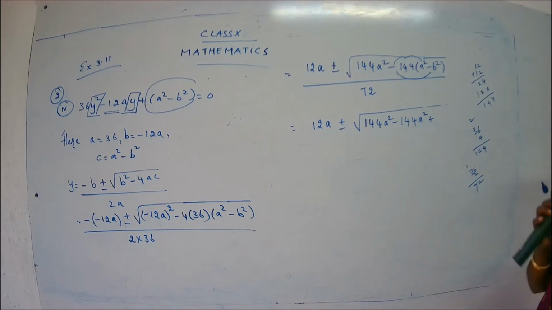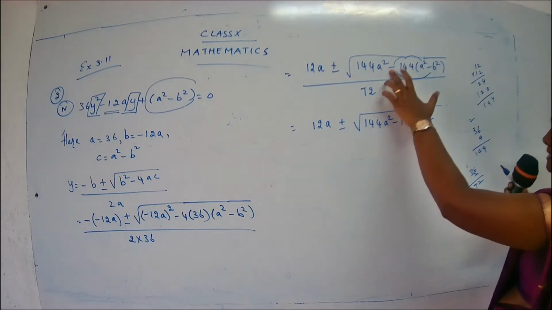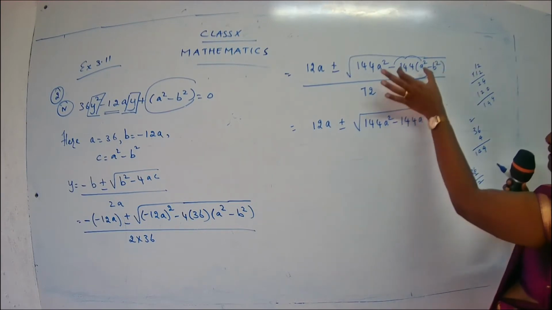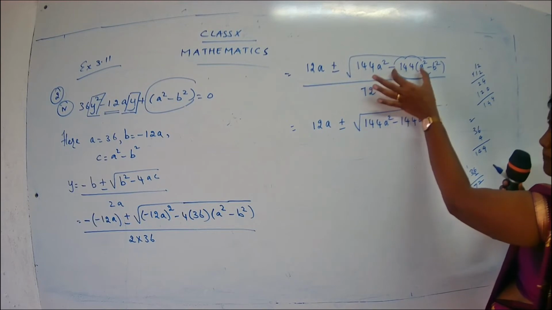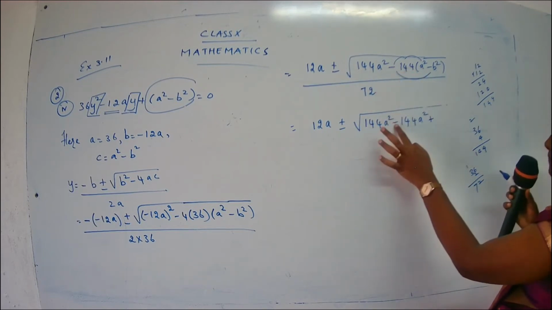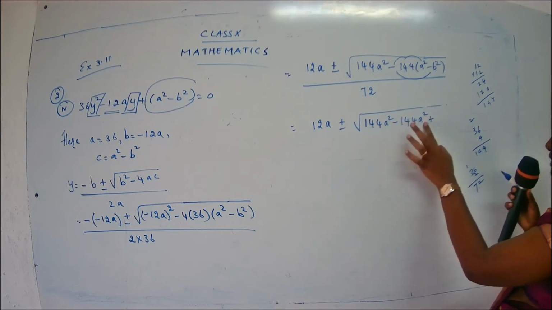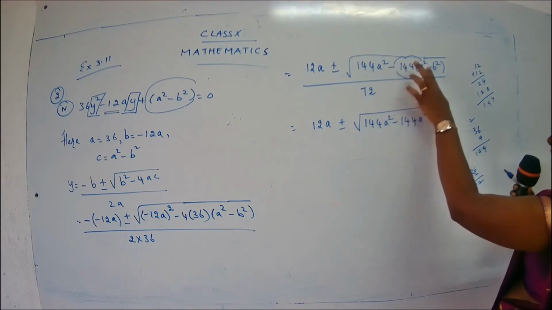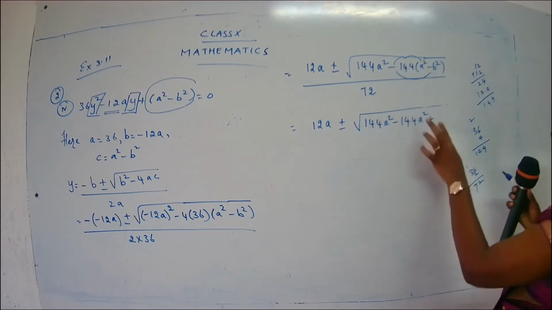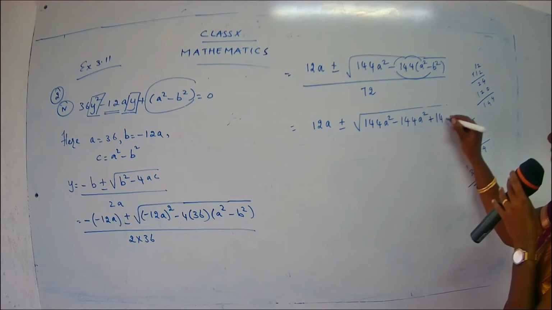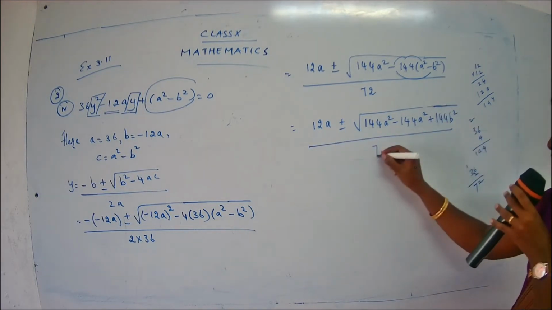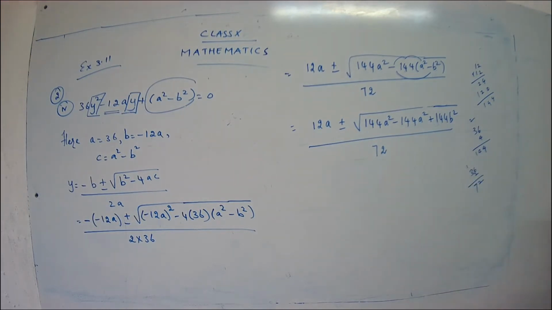See here, we have a minus sign common, and 144 is common. It goes to both. So minus 144 into a square is minus 144a square. Minus minus plus, so 144 into b square, 144 b square upon 72.